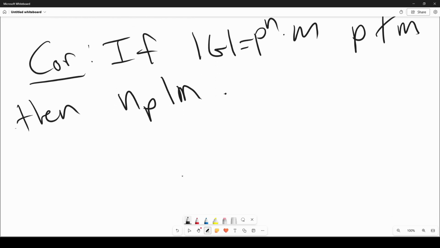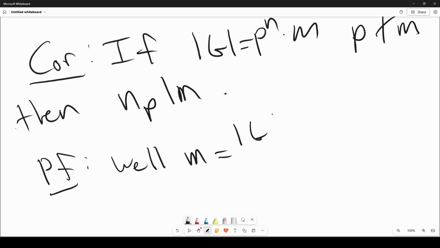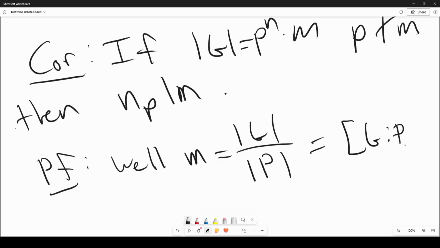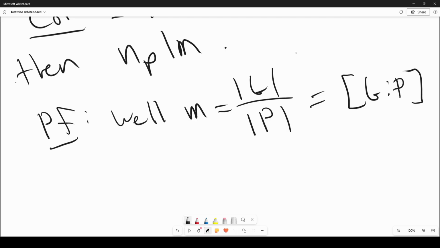So let's prove this real quick. So let's just determine what m is. Well, m is going to be equal to the size of G divided by the size of some p-Sylow subgroup P. And we know we can rewrite this as the index. That's just because if I divide by p to the n, I get m. So we see that n sub p, as we determined before, is the index of the normalizer.